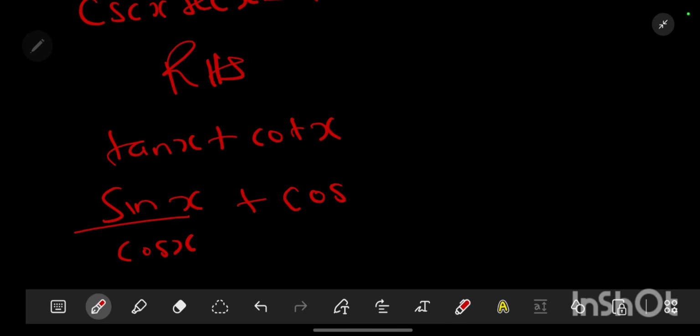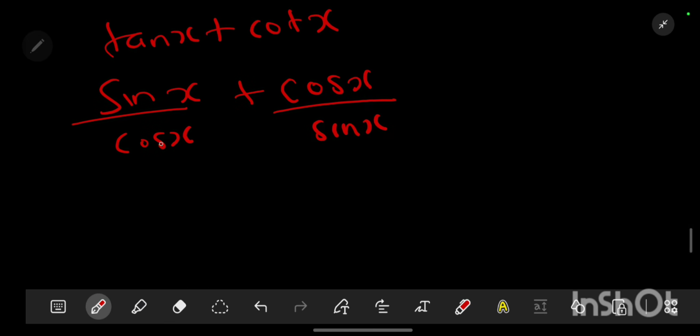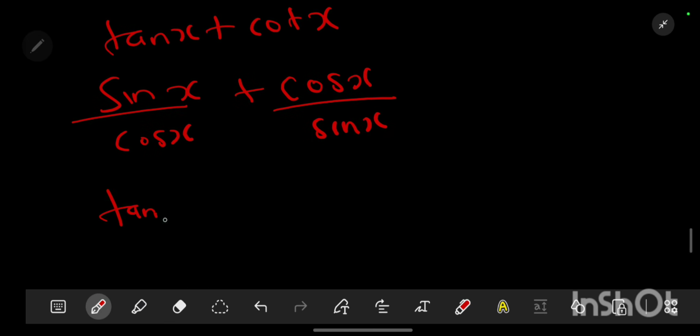Remember, tan is associated with sine, so you can say sine of x over the cos of x plus cot is associated with the cos on top, so we have the cos of x over the sine of x.